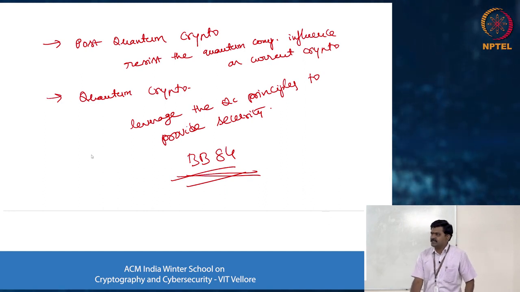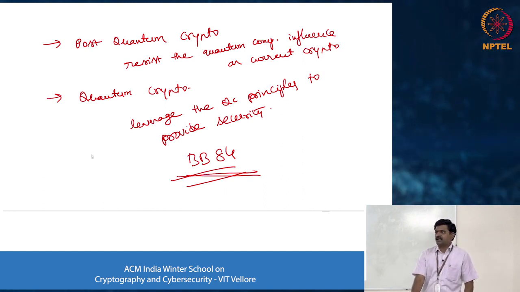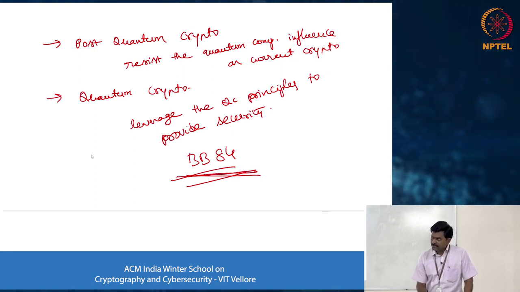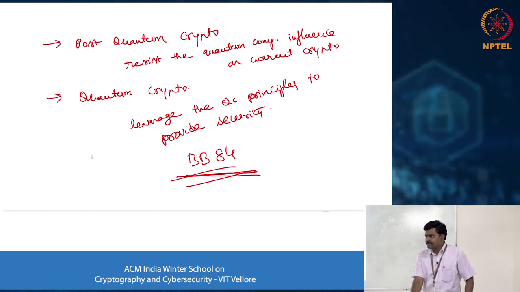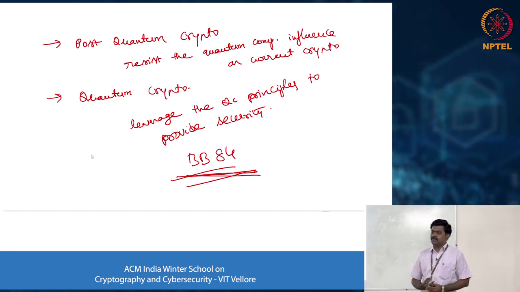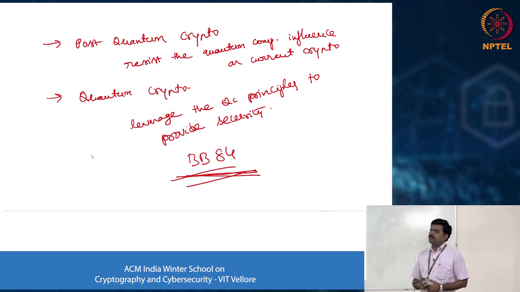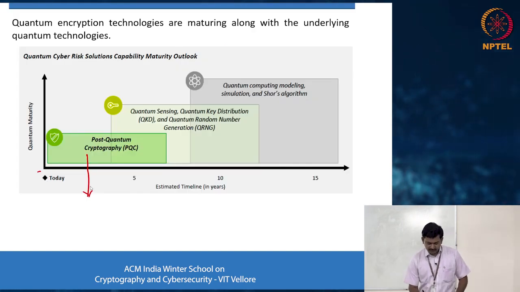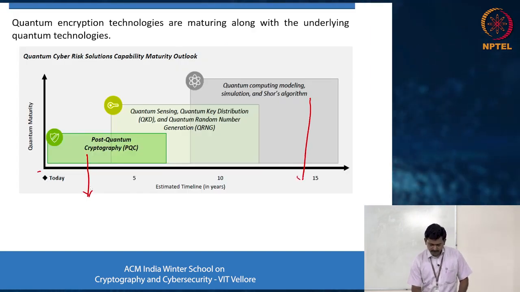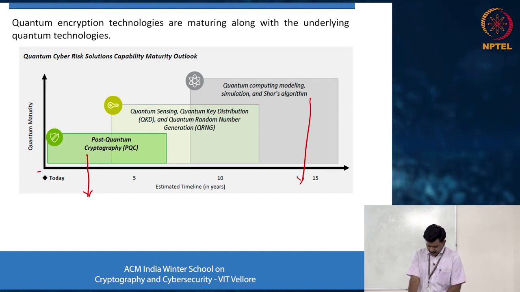Once the keys are exchanged, communication happens with the symmetric key algorithm, right? So in order to implement the BB84 algorithm, what is needed? You need quantum computers. If you have quantum computers, then quantum cryptography is possible. That is the reason why, if you see the slide, down the line of the next 10 to 15 years, you may have quantum cryptography.